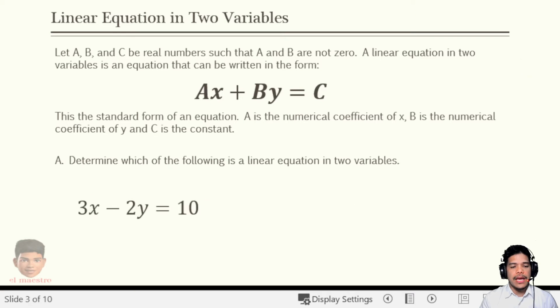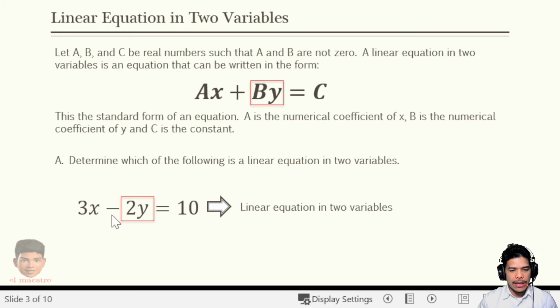Next, so you have 3x minus 2y is equal to 10. To determine, tingnan lang talaga natin if meron or present ba yung mga element ng isang standard equation. So this is a linear equation in two variables. Bakit? Tingnan nyo. Meron siyang ax term or x term. Meron siyang by term which is 2y dito. Wag niyo munang isipin yung sign. Dito naka-plus, dito naka-minus.